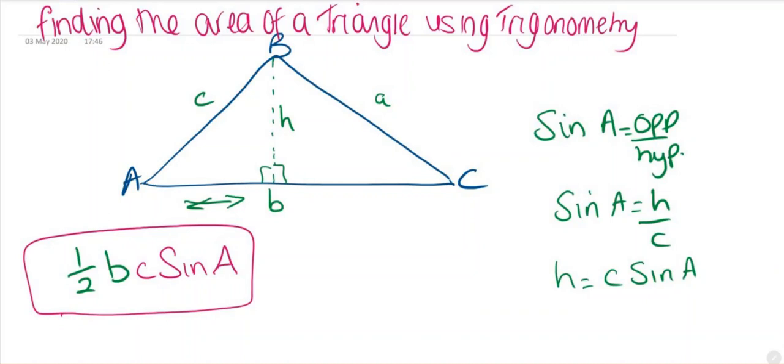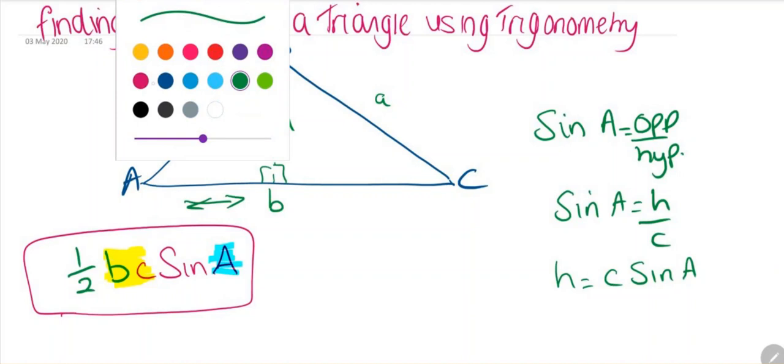And depending whether we're finding sine A, sine B or sine C, you will notice that the other two sides have the other letters. So if this is A, that would be B and C. If this is B, this would be A and C, and if it was sine C, it would be A and B. So let's have a look at an example.